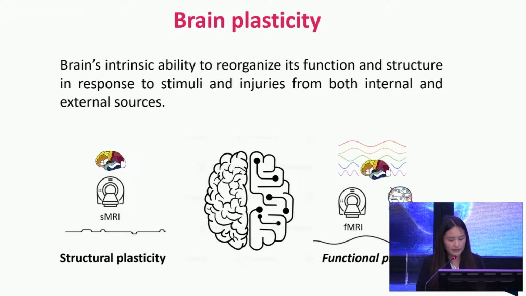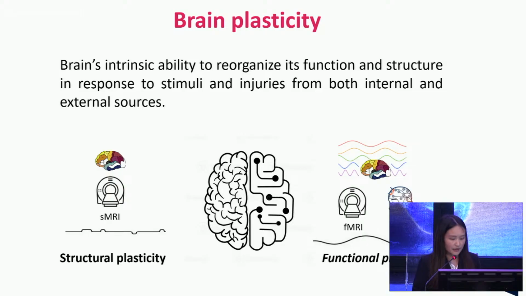Functional plasticity encompasses the brain's ability to reconfigure its activity and connections between different brain networks or brain regions, which can be measured by functional MRI and fNIRS techniques.